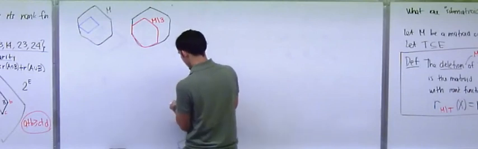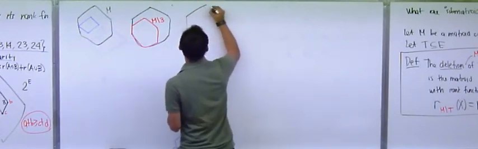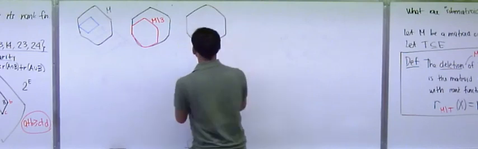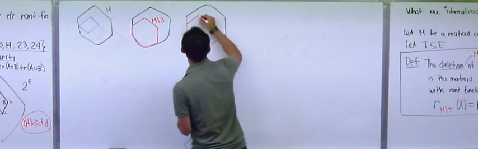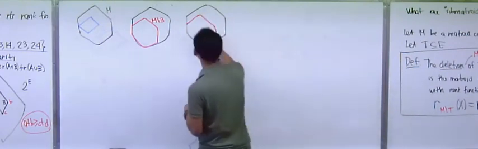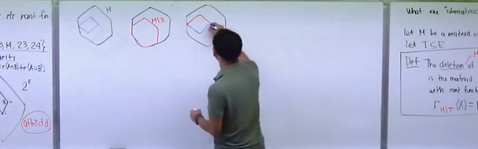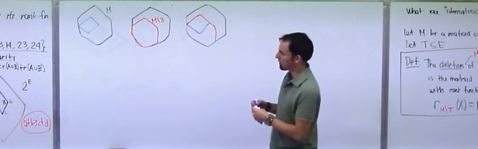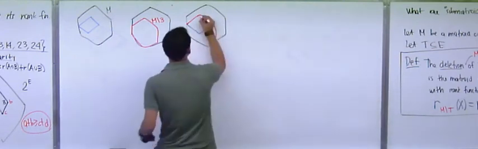So here's the red one. And now how do I get from the red one to the blue one? Well, all I have to do is notice that this guy is 1, 2, 4.